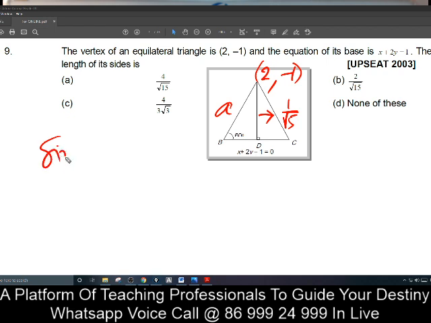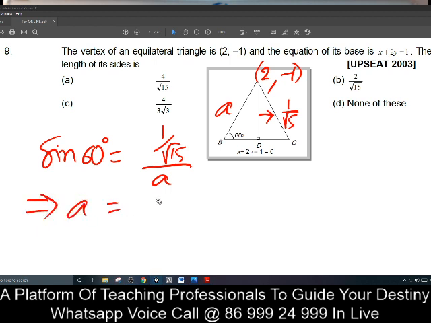Find out sine 60 is equal to opposite side by hypotenuse. So a is equal to 1 by root 5 into 2 by root 3. 2 by root 15 should be the answer. This is the answer.